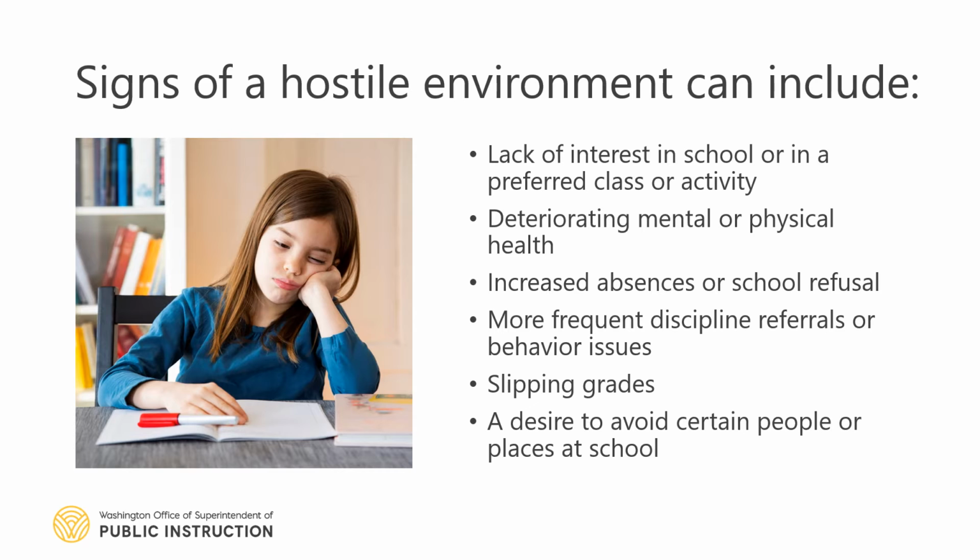However, there are some common signs that are often present and which we can look for, such as a lack of interest in school or in a preferred class or activity, deteriorating mental or physical health, increased absences or school refusal, more frequent discipline referrals or behavior issues, slipping grades, a desire to avoid certain people or places in the school building. Note that this is not an exhaustive list.